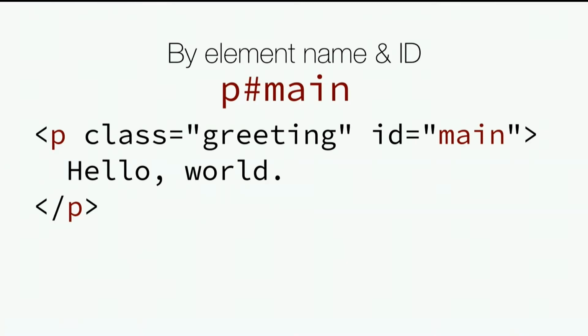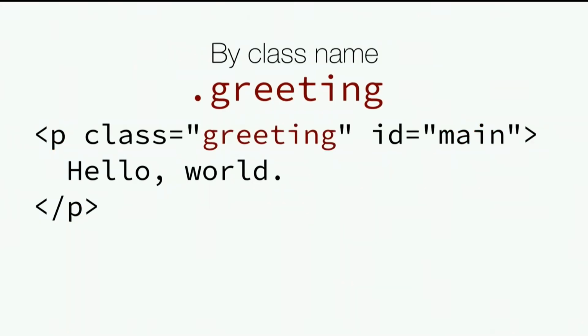What about class name? We didn't really talk about it. Does anybody happen to know the selector for targeting it by class name? Dot, yeah. So dot greeting would grab this one. Difference between ID and class. One important difference is only one element on the page should have any given ID value, but many elements can have the same class.